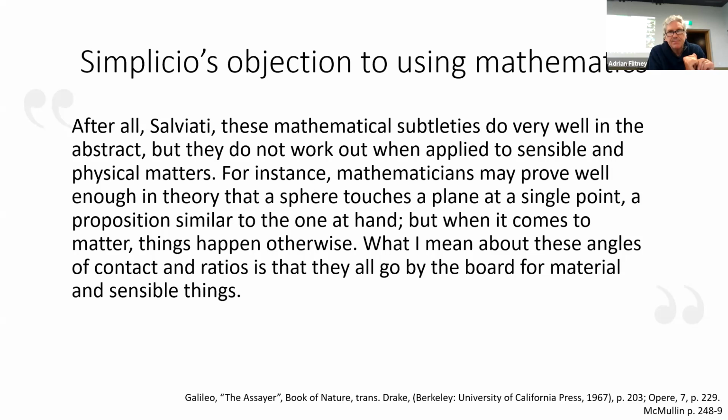He puts in the words of Simplicio, which is used for Aristotelian objectors, who is objecting about using maths to capture what's happening, because things aren't perfect spheres and they don't touch at a single point on the plane and so on.